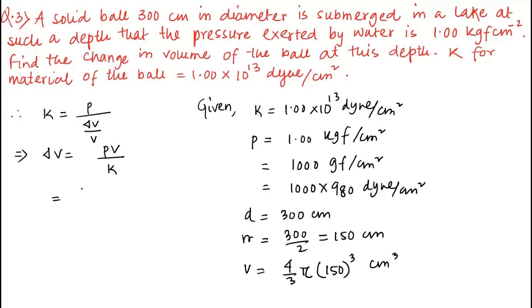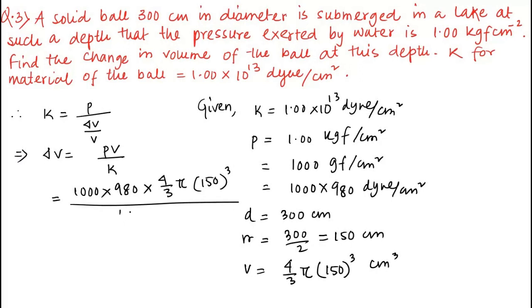So it would be first 1000 into 980 into 4/3 pi 150 whole cube divided by 1 into 10 to the power 13. And after calculating this, the value would be 1.385 centimeter cube. So this is our answer. So the change in volume of the ball at this depth would be 1.385 centimeter cube.